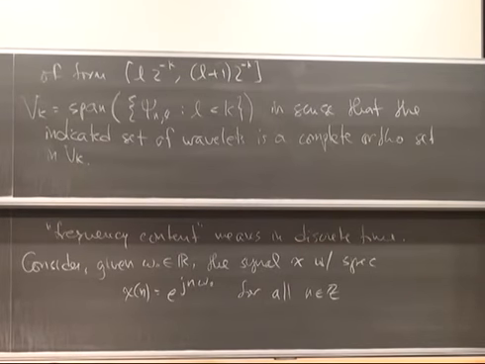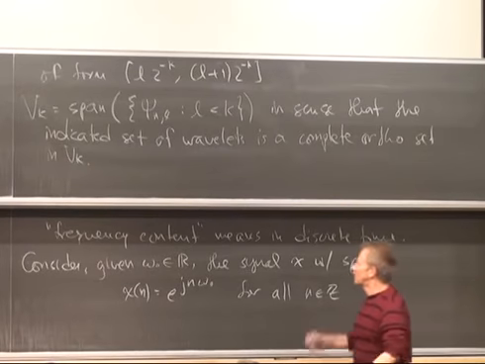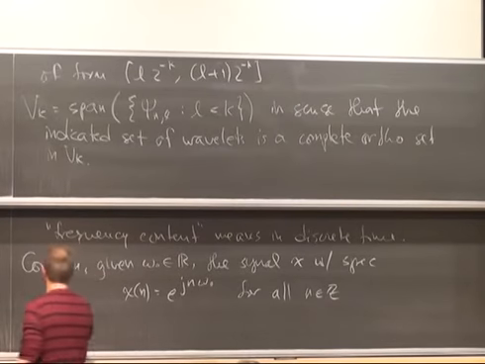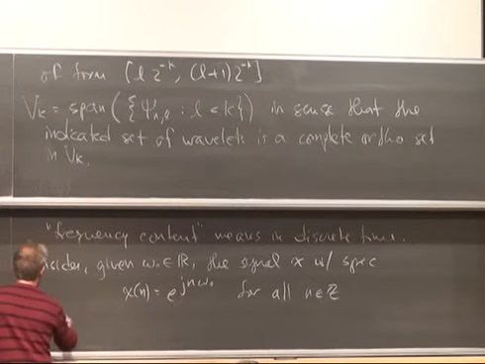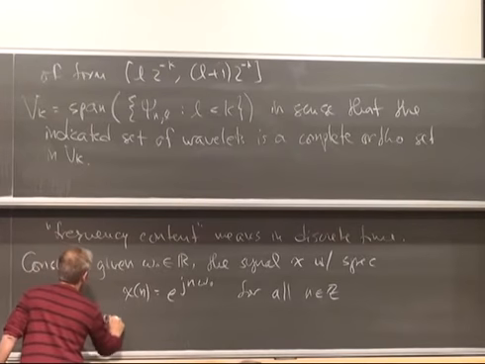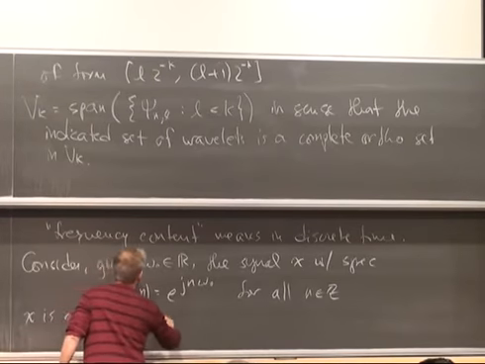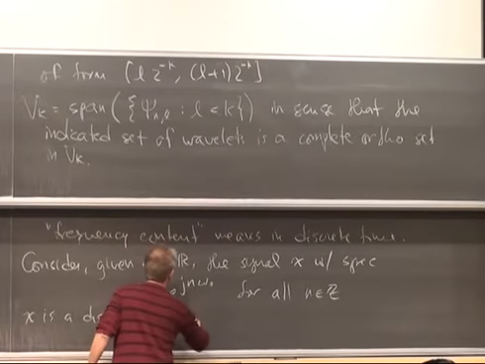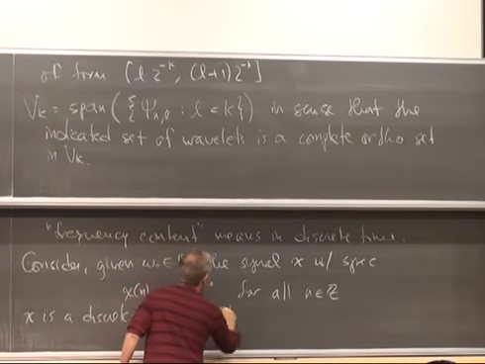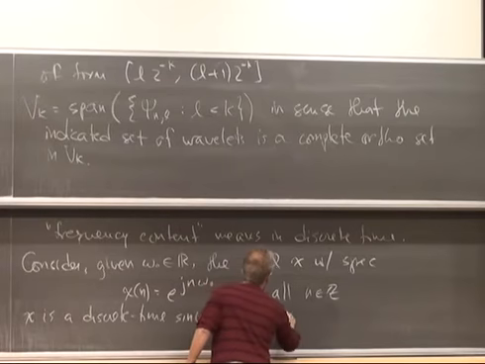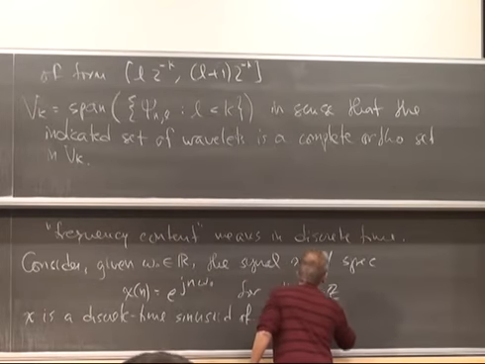That's kind of like a discrete time version of e to the j omega 0 t in continuous time. We call this a discrete time sinusoid of frequency omega 0. So x is a discrete time complex exponential sinusoid of frequency omega 0.